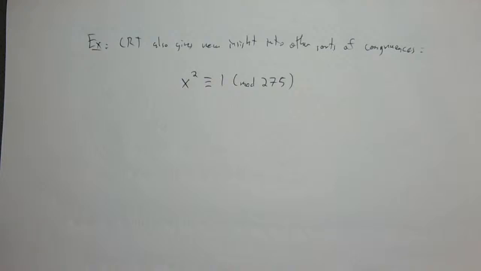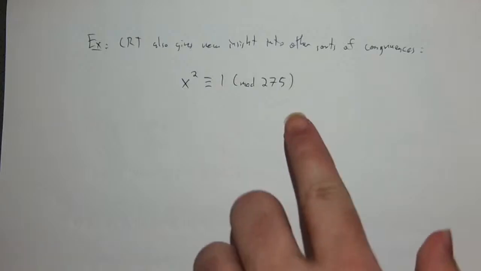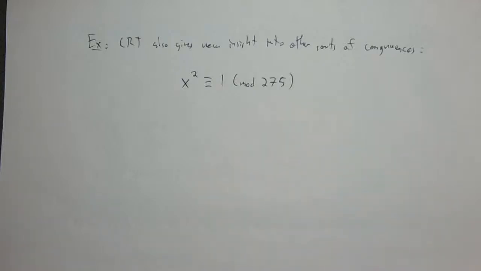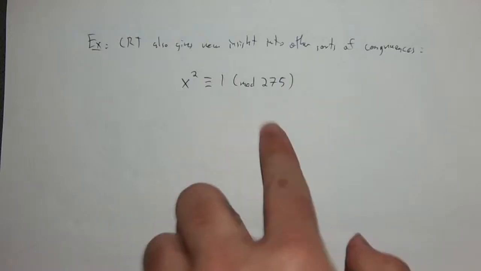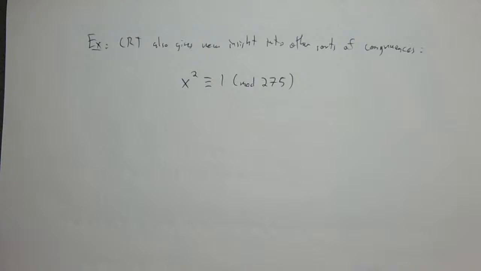So here I have a big modulus. The question is, is there a way of going backwards in a sense, by the Chinese remainder theorem, splitting this apart using its prime factorization, so that instead of a single congruence I would get a list of congruences and then solve that system?